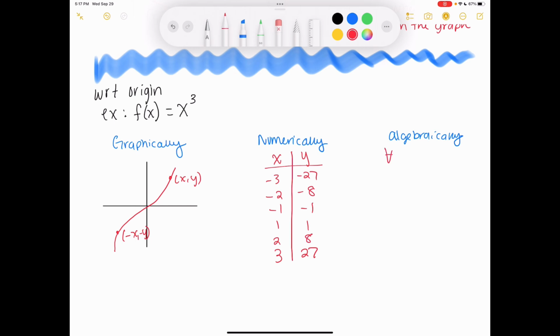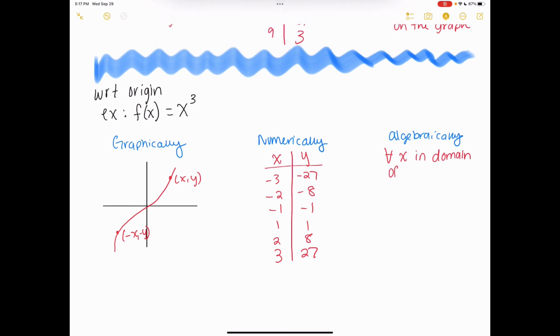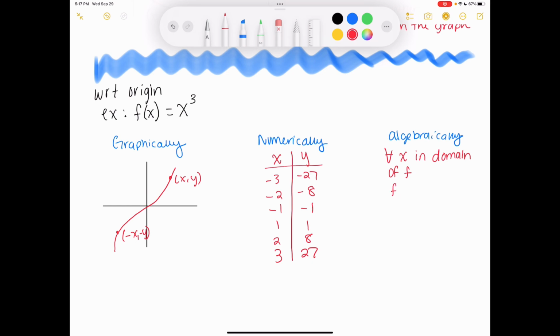Algebraically, then we say for all (remember that's the upside down A) x in the domain of f, f of negative x is equal to negative f of x. And then another thing to note with this property, a function is an odd function.